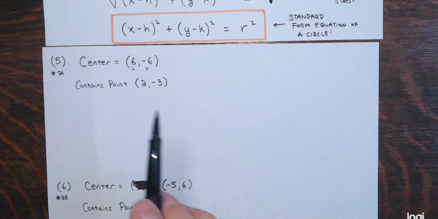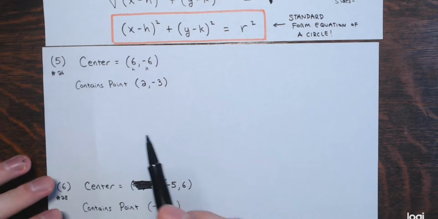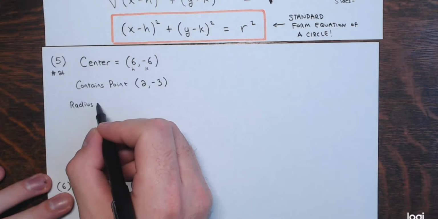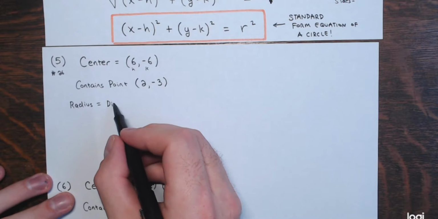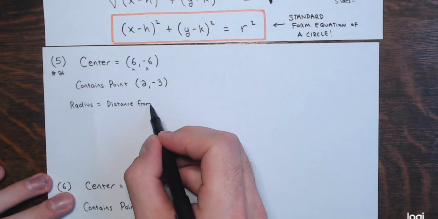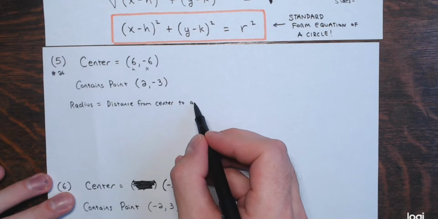So we don't know the radius yet, but the radius we can easily find. Remember, the radius is the distance from the center to any point on the circle.